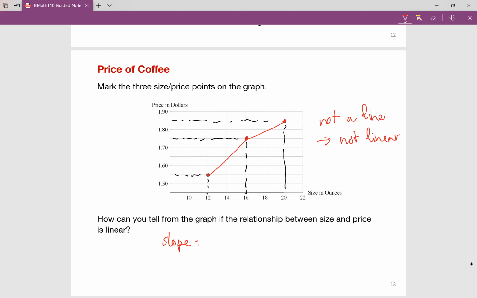So I'm going to use 1.75 minus 1.55, divided by 16 minus 12. That gives me 0.2 divided by 4, which is equal to 0.05.